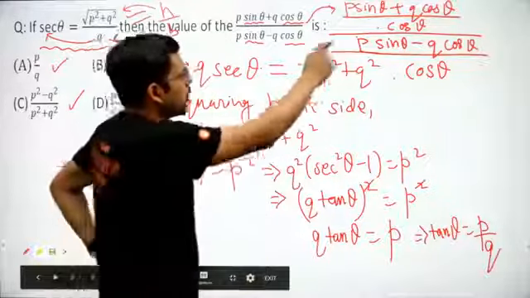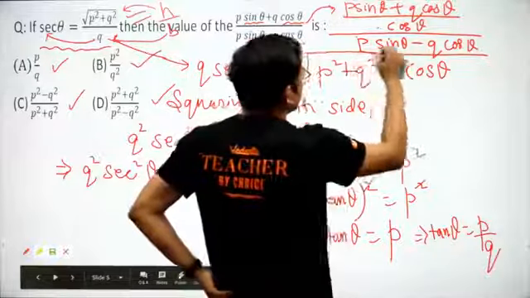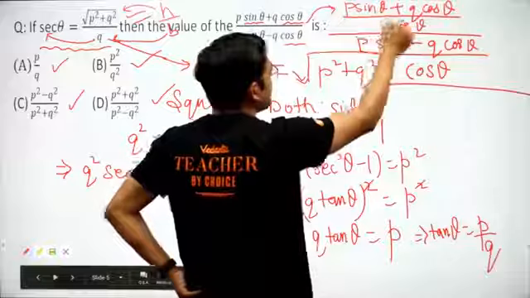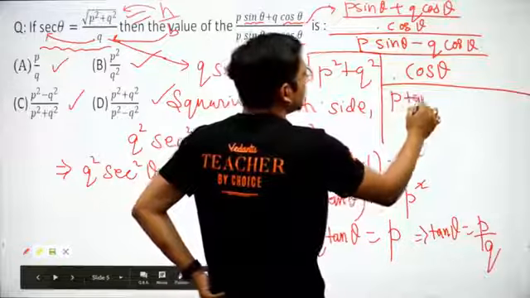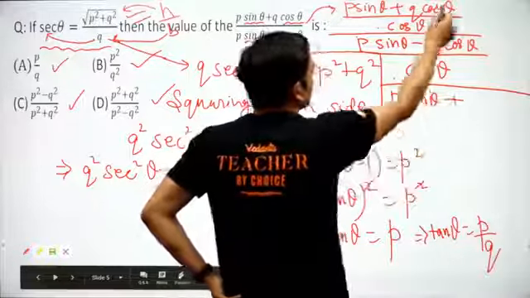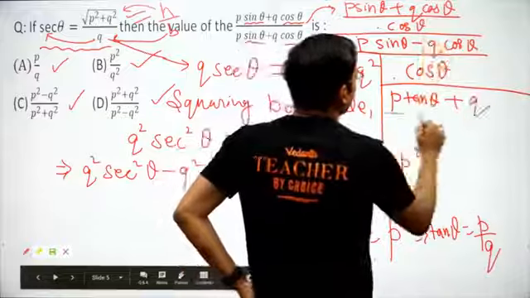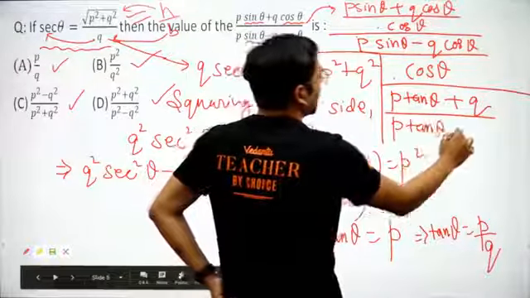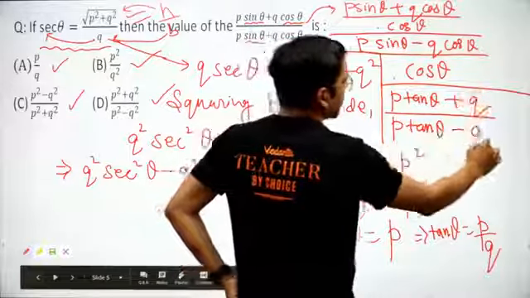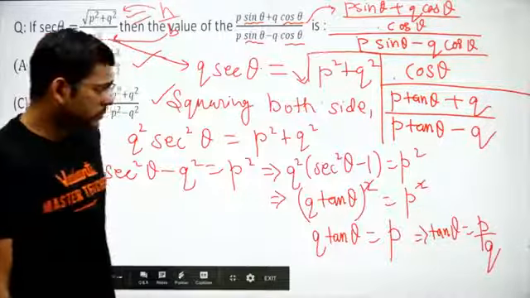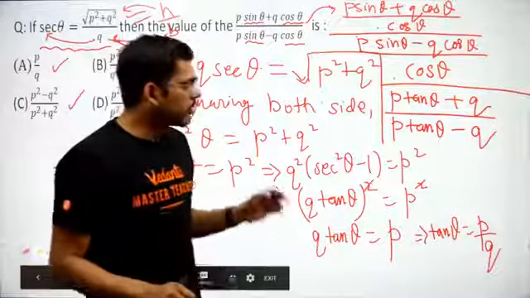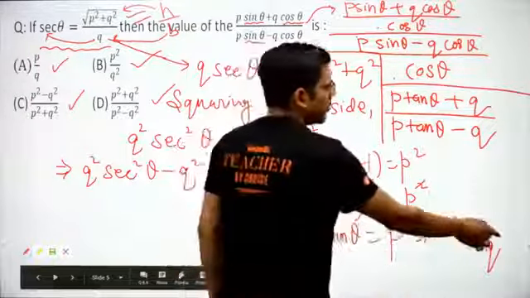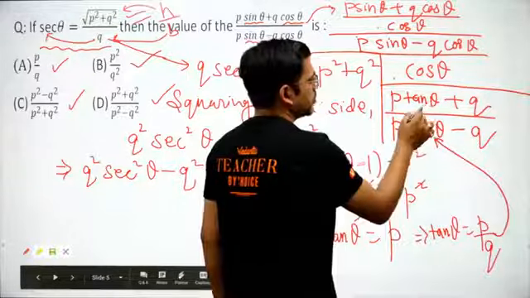So what I did here is I have just changed this equation like this. p sine by cos will make it p tan theta, plus q cos by cos will make it q, divided by p sine by cos will make it p tan theta, and minus q cos by cos will make it q. Now you can just put the value of tan theta here and here also.